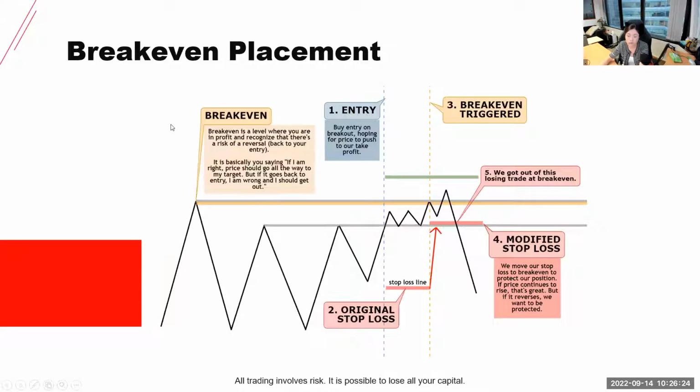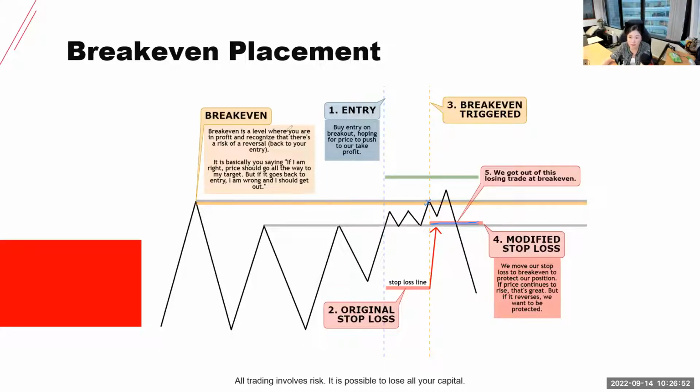Okay, so break even placement. For example, you have a buy entry here on the breakout, hoping for price to push to our take profit. Then you have a stop loss line that is here. Break even is triggered here.